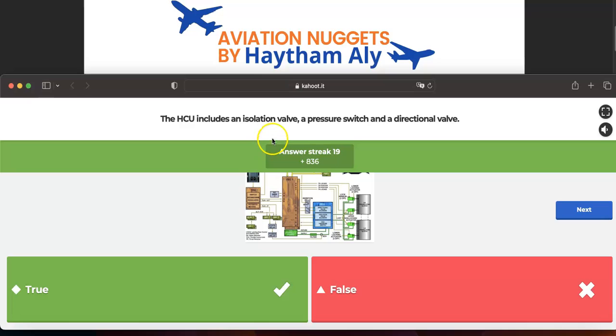Only in case of deploy, both valves, isolation and directional, will be energized. At any time, if only the isolation valve is energized, it will command the stow side or stow operation, not deploy. And we have a pressure switch after the isolation valve to check if the isolation valve is opened and to check the reverser is pressurized.